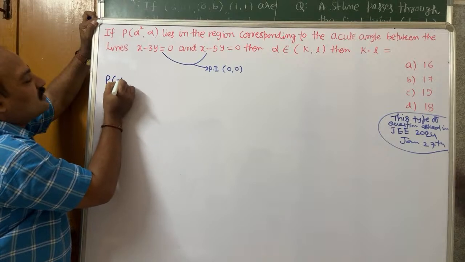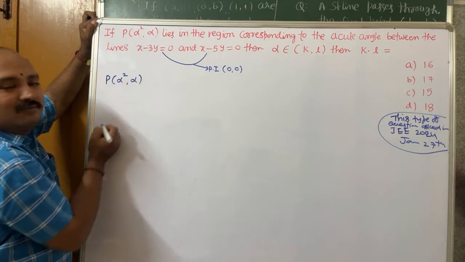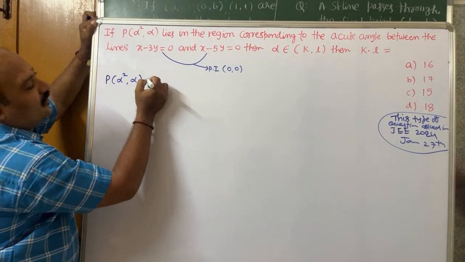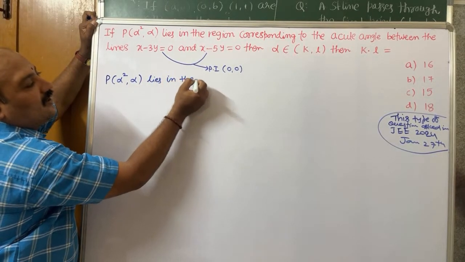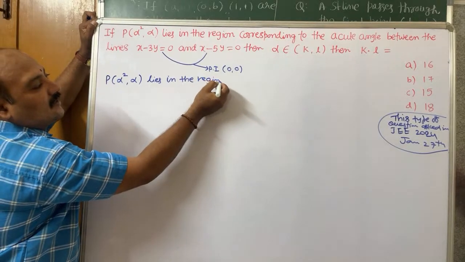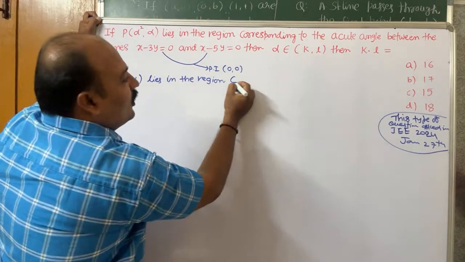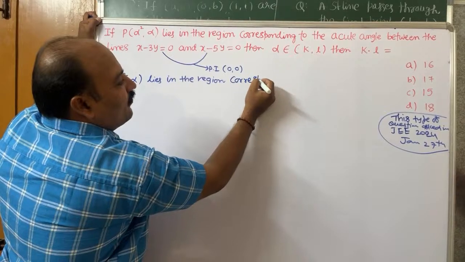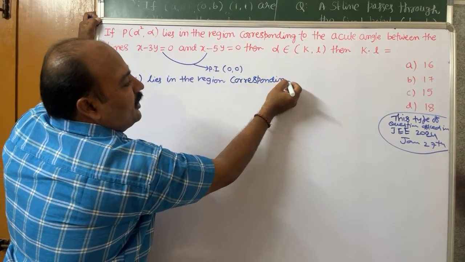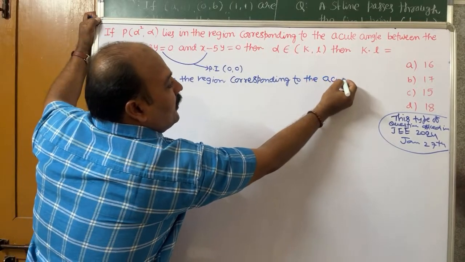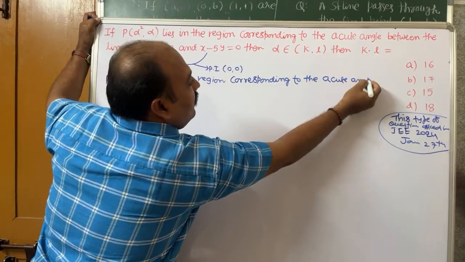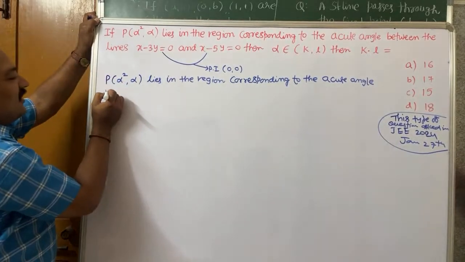P of alpha square comma alpha lies in the region corresponding to the acute angle between the lines.